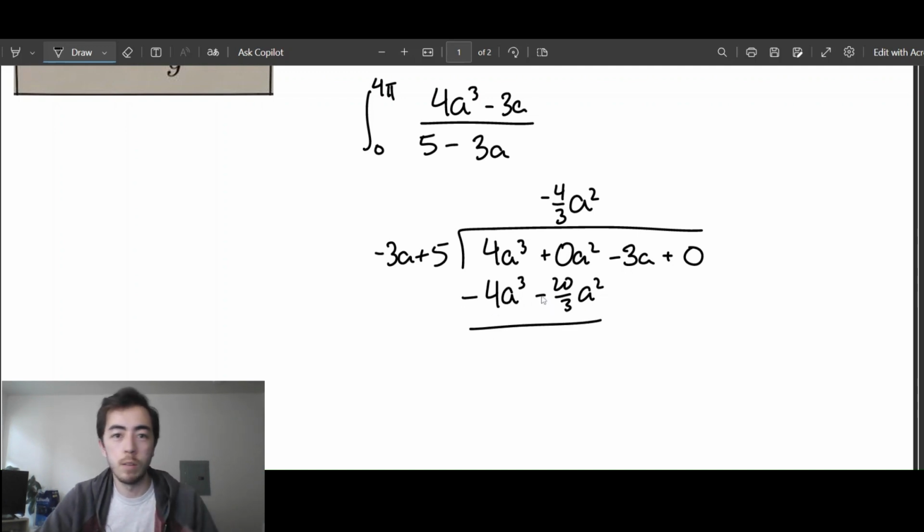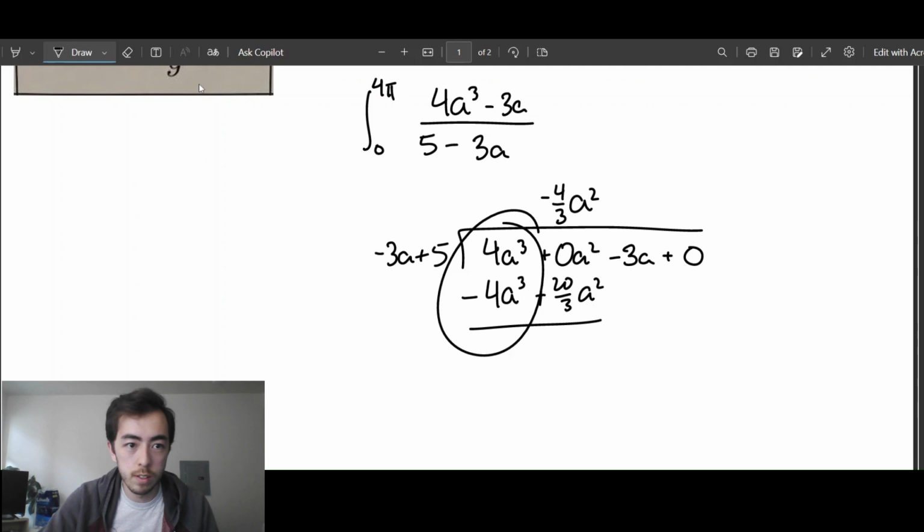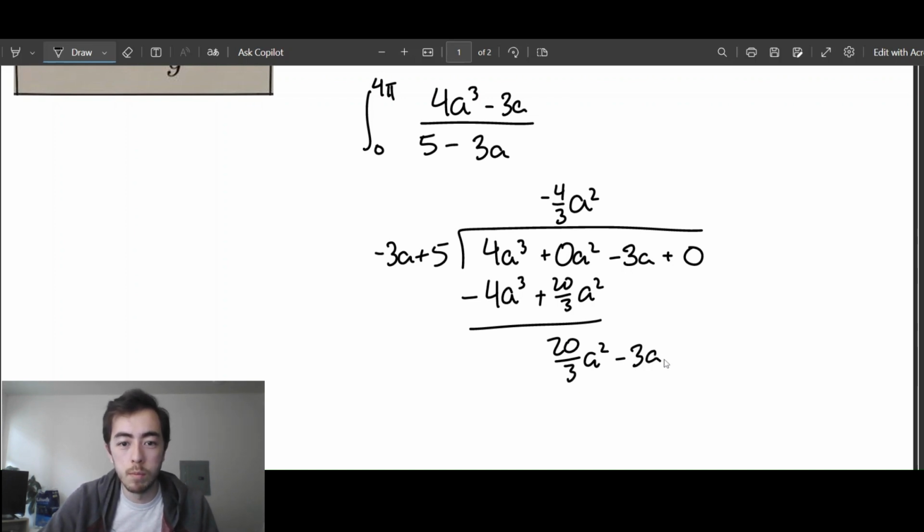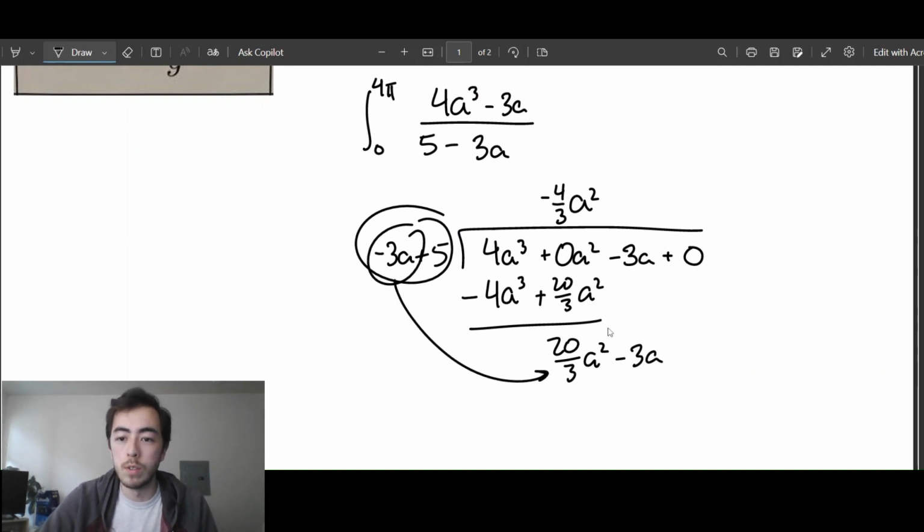The idea here with long division is that these terms cancel, and now I have 20/3 a squared minus the 3a. I'll ask once again, how many times does negative 3a go into this? We can answer that using a little bit of division. And of course, the a's cancel.